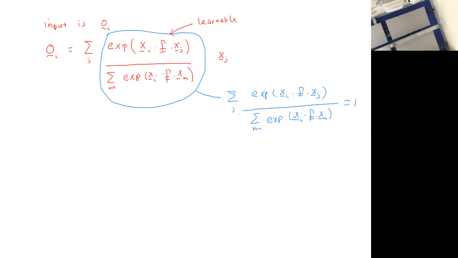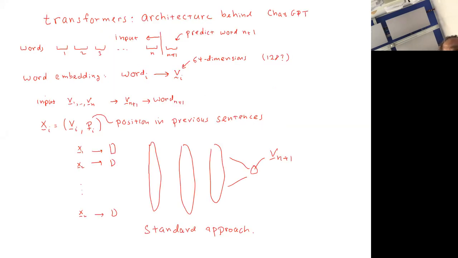It's normalized. So in the previous slide, basically just some xj, say x2, went into this thing.